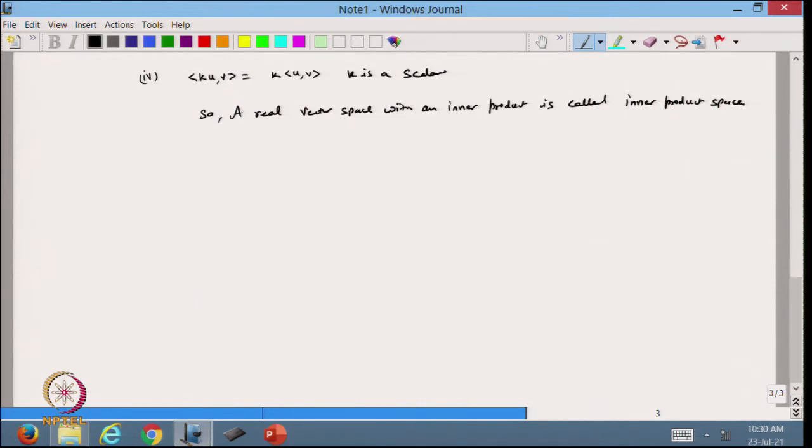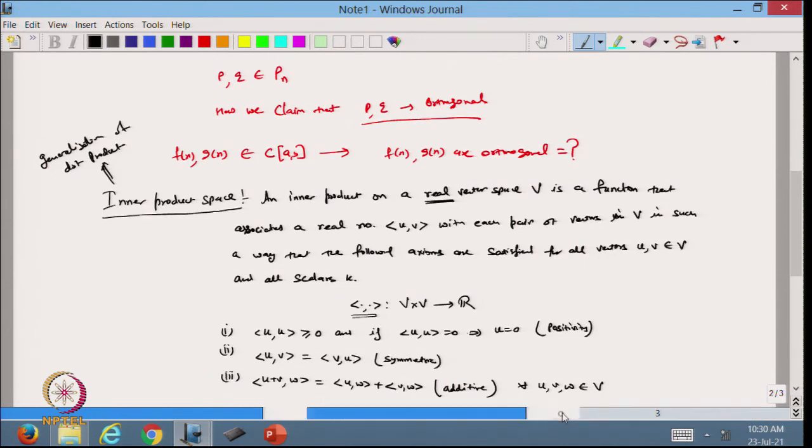Here we are talking about real, so it is called a real inner product space. We just change the name, and all these properties are to be satisfied.